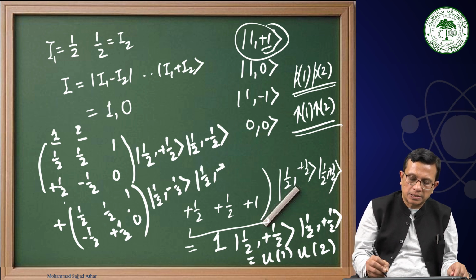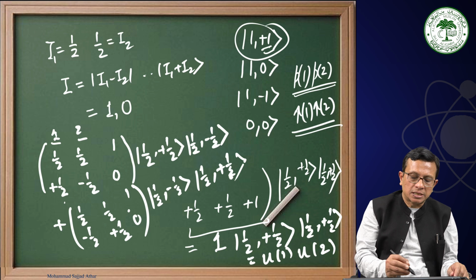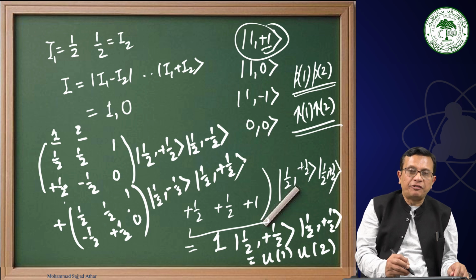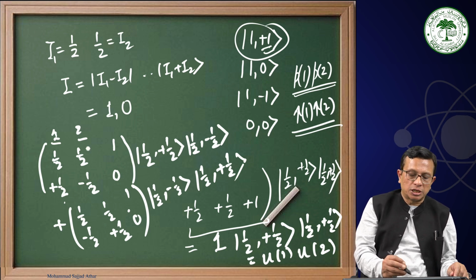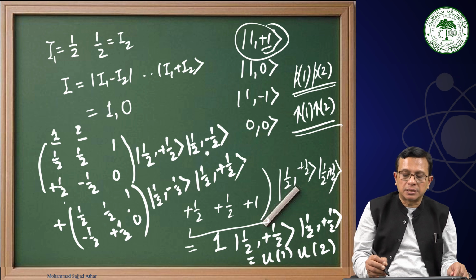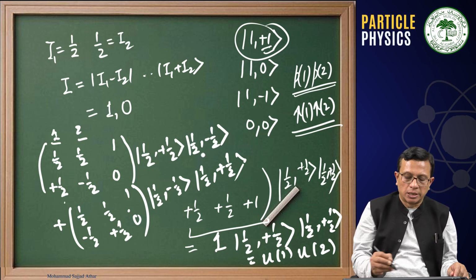Now this is J1, J2, capital J, M1, M2, capital M. If you look at the Clebsch-Gordan table, this will be 1 by root 2. This is a U quark and this is a D quark. This is also plus 1 by root 2.